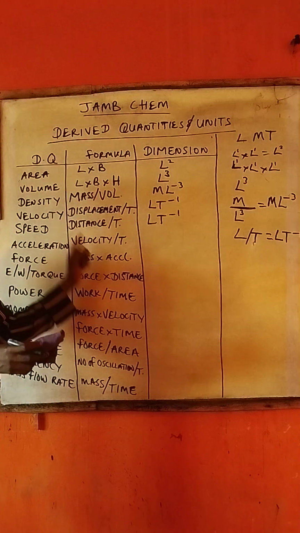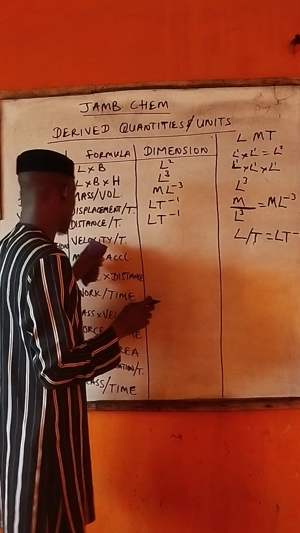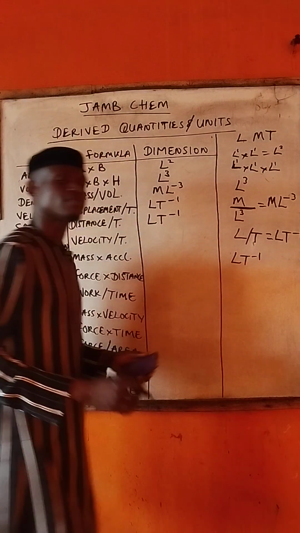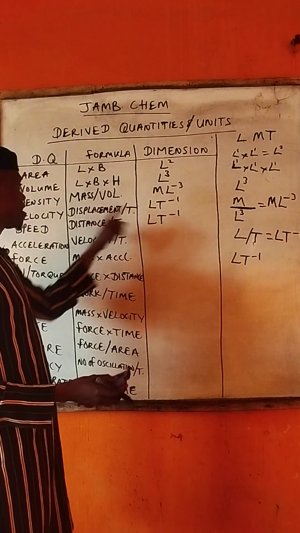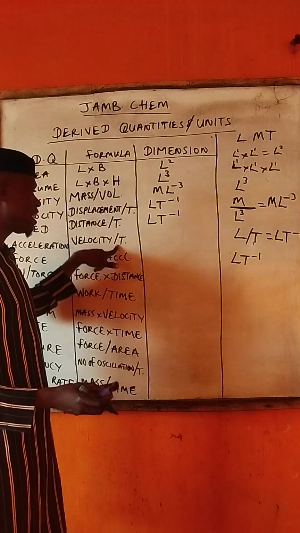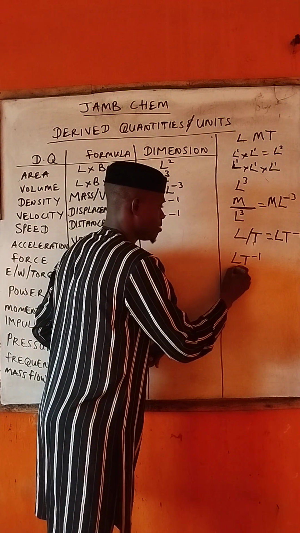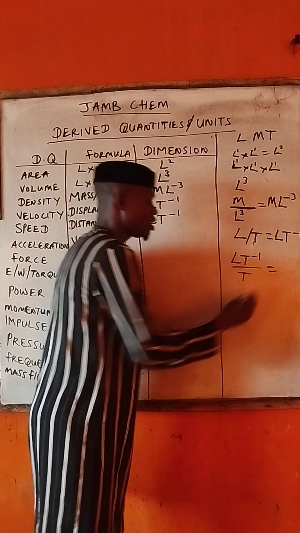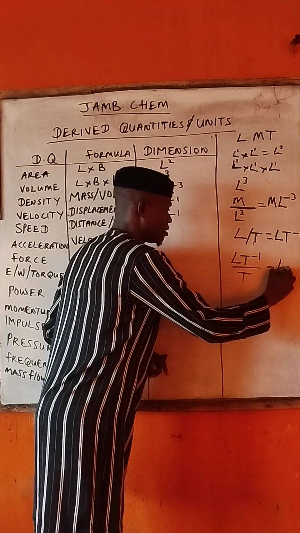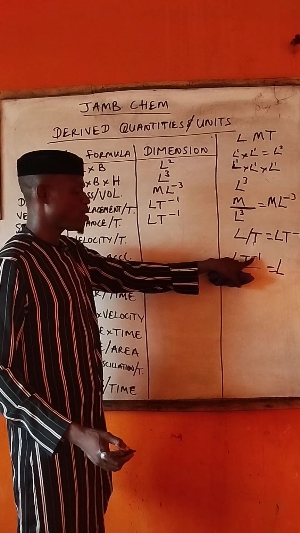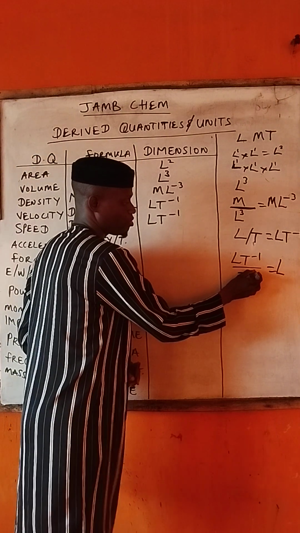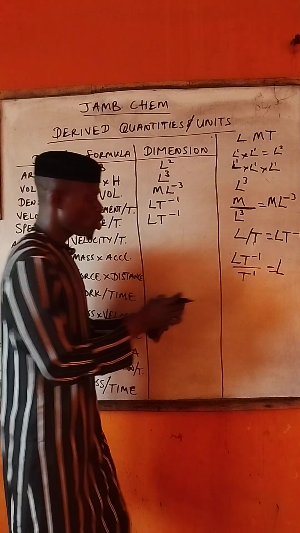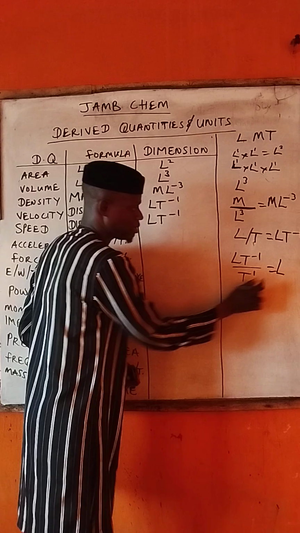The acceleration is change in velocity over time. Our velocity is L T raised to power minus 1, divided by time. The dimension for time is still T. Since we have T raised to power minus 1 up, and T raised to power 1 down, T is common.